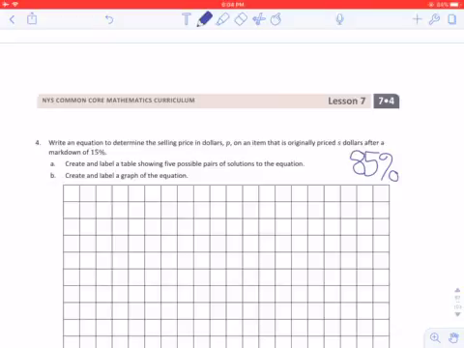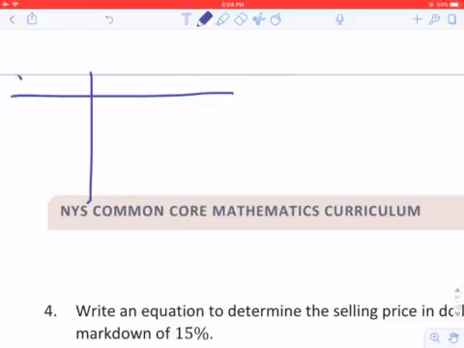What you could do to make this equation, one way to do this would be to start with problem A and start by doing a table with 5 possible pairs of solutions. So if we maybe make a table that's, I probably want to call it original price and sale price.